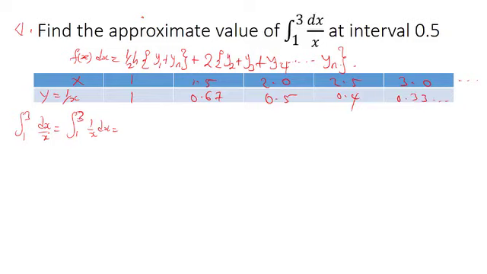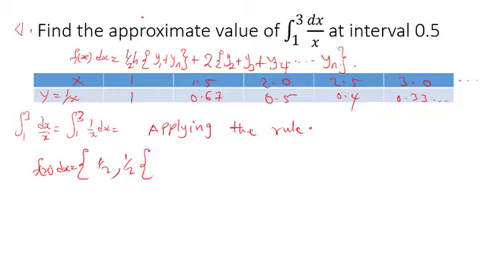Now in solving this, let's apply our rule. Applying the rule, you see that our integral of f(x) dx will now be equal to, the first is 1 over 2 times h, which is also 1 over 2.